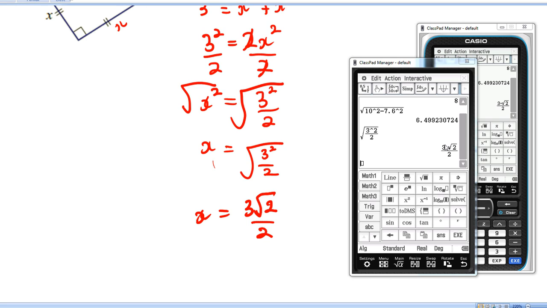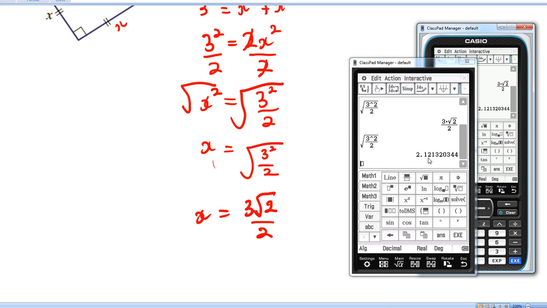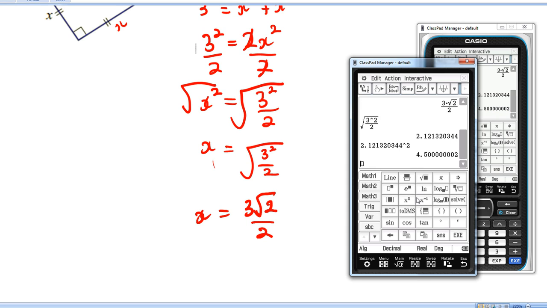I mean, how is that a side length? But remember, flick it into decimal mode and check out what it is approximately. It's 2.12 approximately. And try this out, girls. If I take that value there and square that value, I get 4.5.